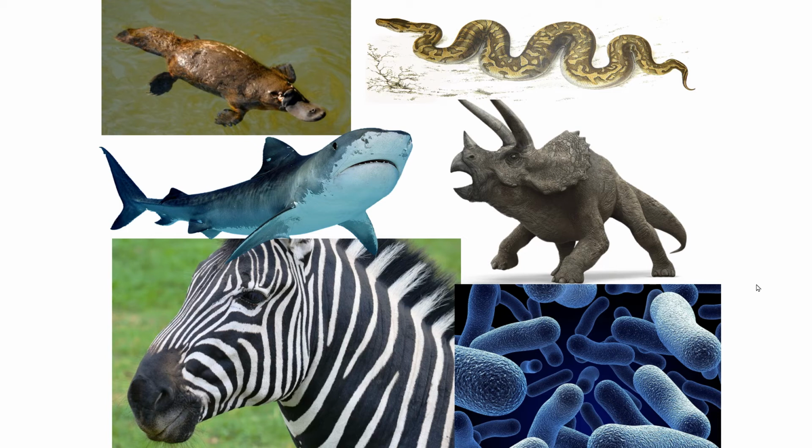Sharks have a weird cartilage skeleton. Dinosaurs have all kinds of different traits. And sorry, I'll mention bacteria too, because bacteria are so different than any of these other things. All of these other things are like brothers compared to the bacteria, which is like a weird cousin, or even less related than your cousin.